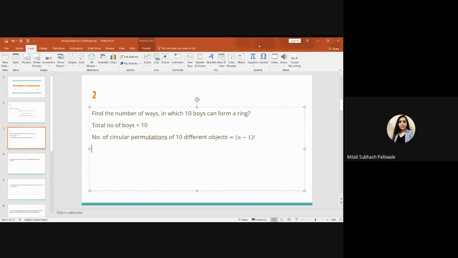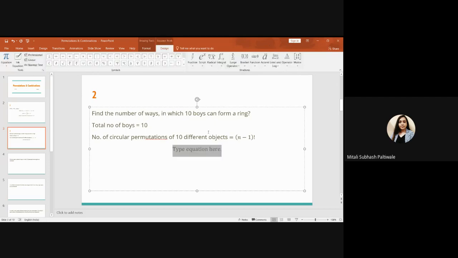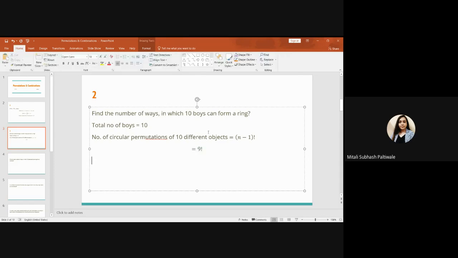So 9 factorial. How do we find 9 factorial? This is now equal to 362880.